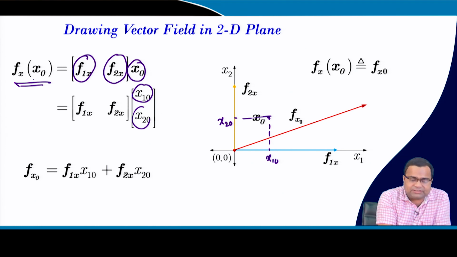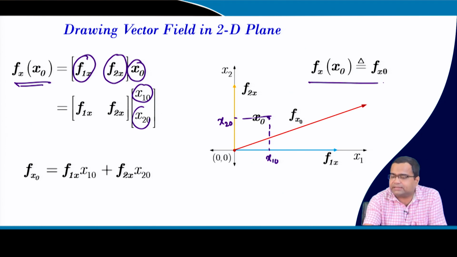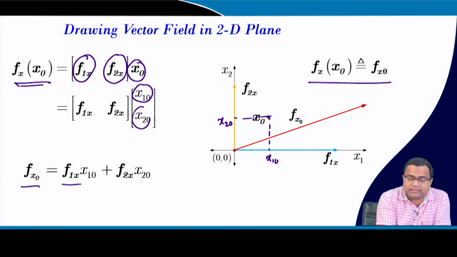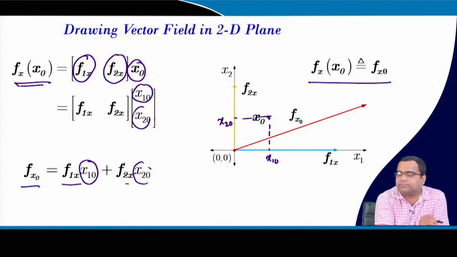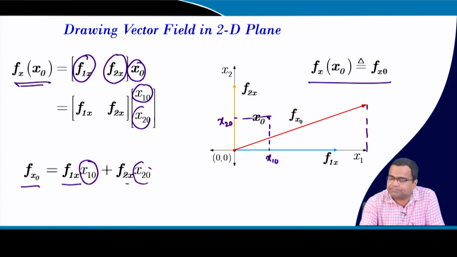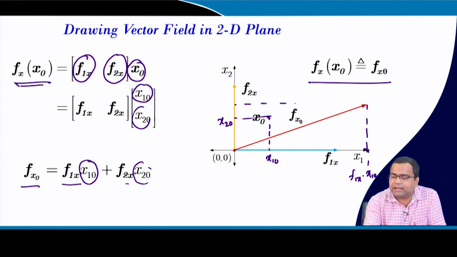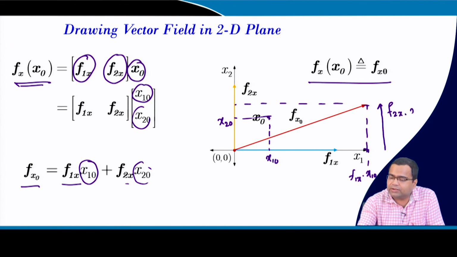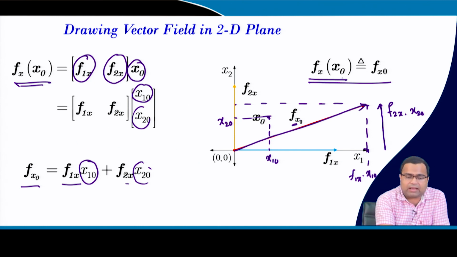So f(x0) can be written as the f1(x) vector with a scaling factor of this, plus the f2(x) vector with a scaling factor of this. I am writing this vector to be f1(x) into x10, and this vector to be f2(x) into x20, and their resultant vector is the one which is the vector computed at this point.